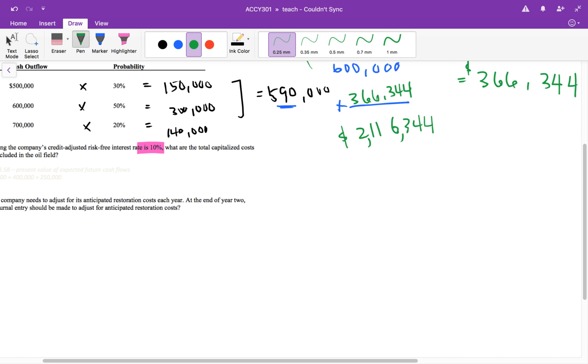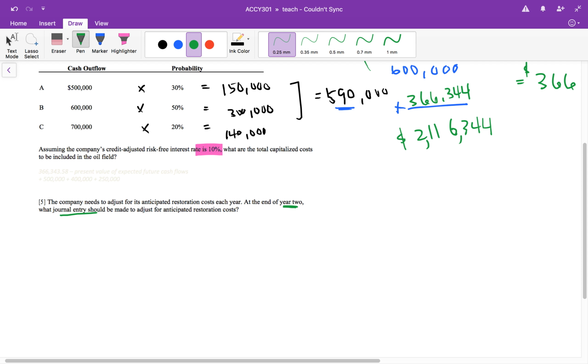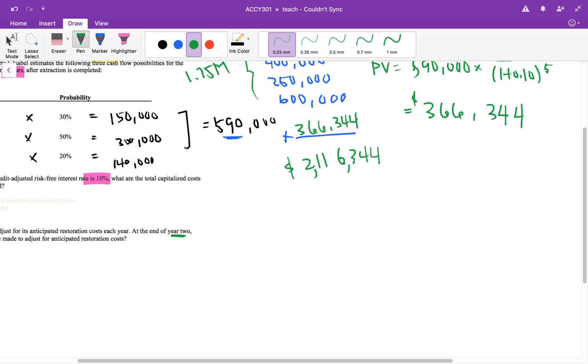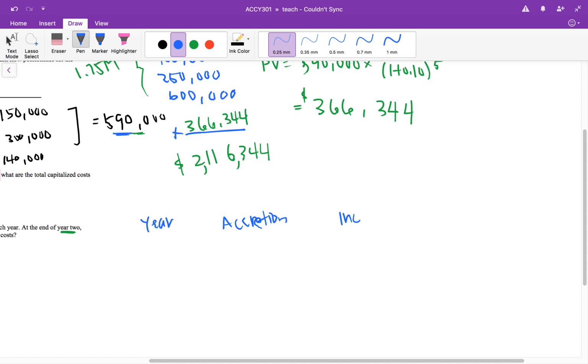Now to find our accretion, what journal entry at the end of year 2. So we're going to take our number here and make a table. Year, accretion, increase in per year, and then the ARO, or the asset restoration obligation.